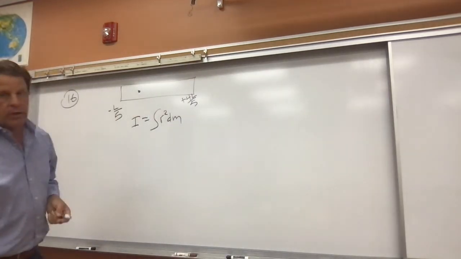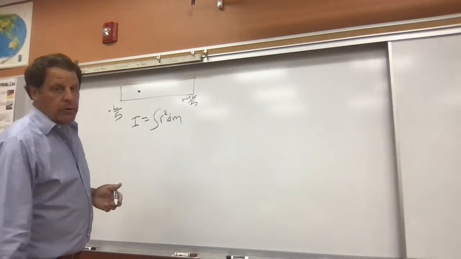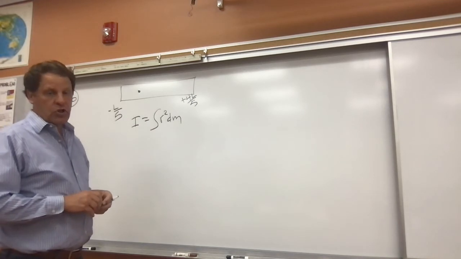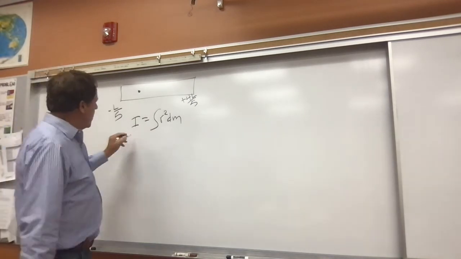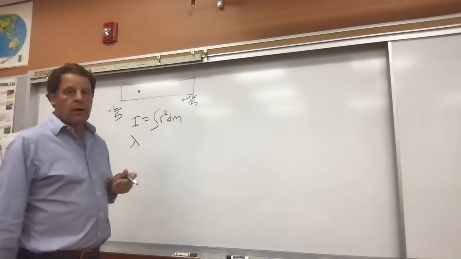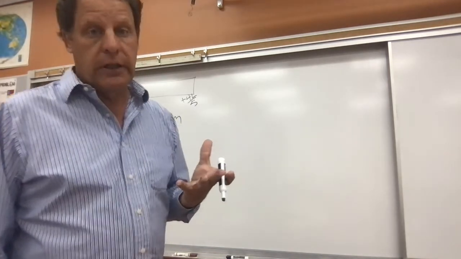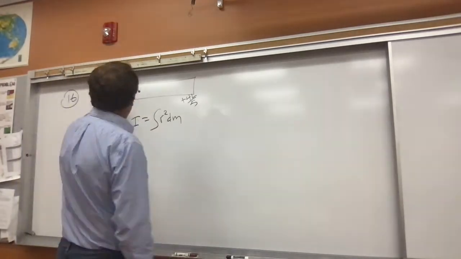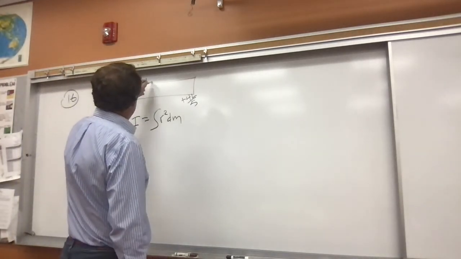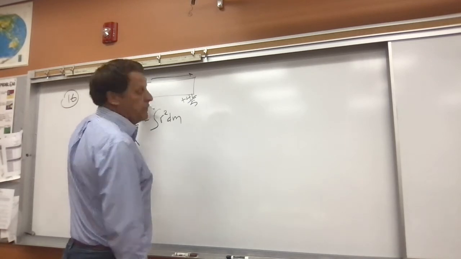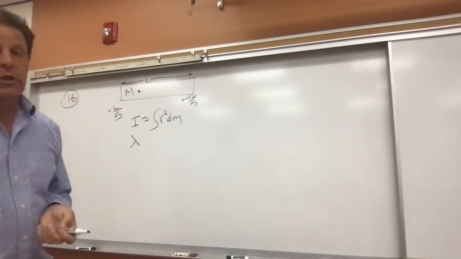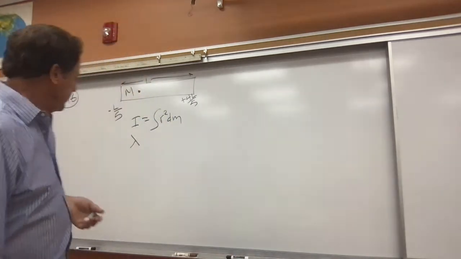In a very similar fashion to calculating the moment of inertia using calculus, we want our linear density. We know the overall length here is going to be L, and the overall mass would just be M. And again, we're talking about a uniform rod here.